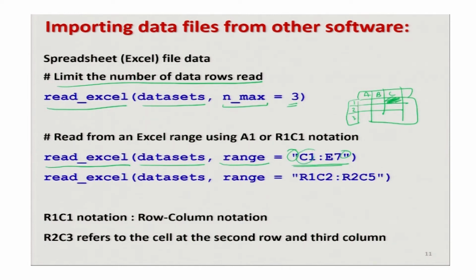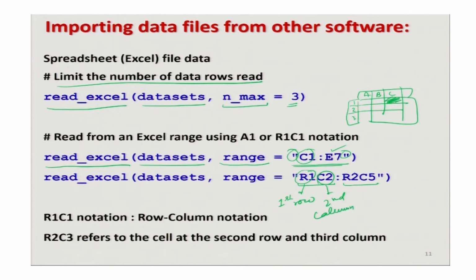So, you can see here from C1 to E7 is the range you want to reach, or the second option is the row-column notation, like from R1C2 to R2C5. That means R1 is the first row and C2 is the second column.